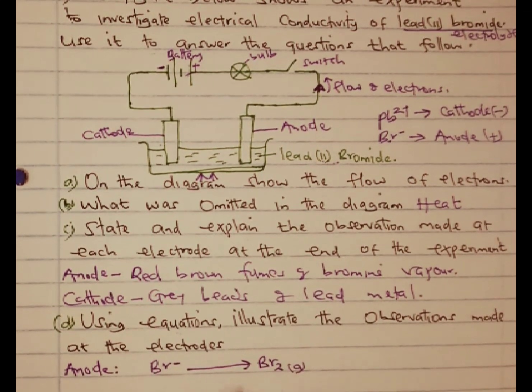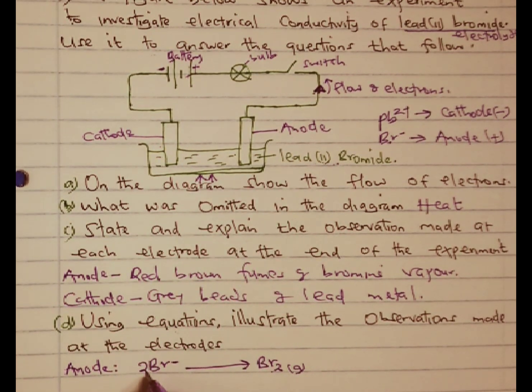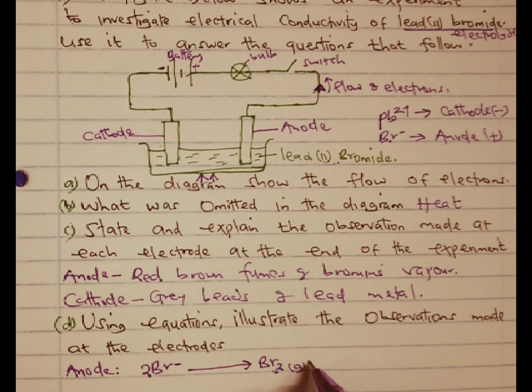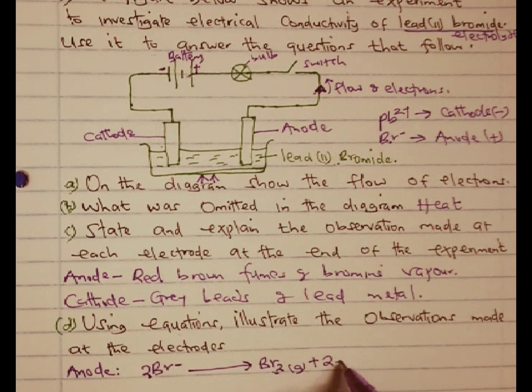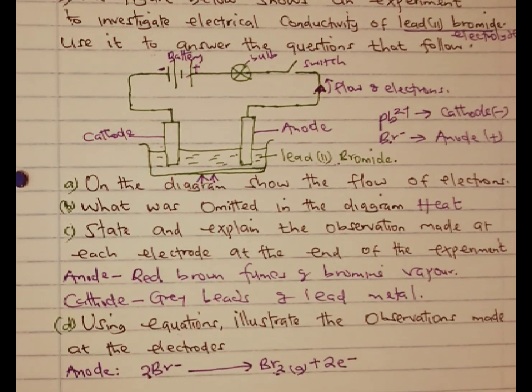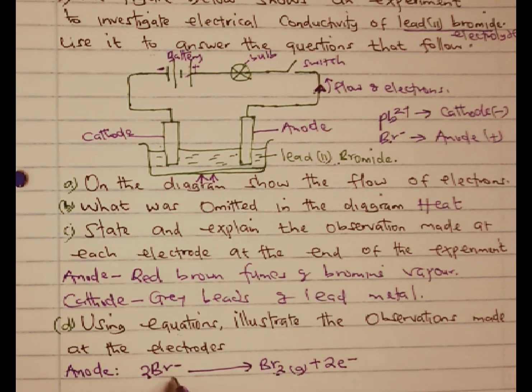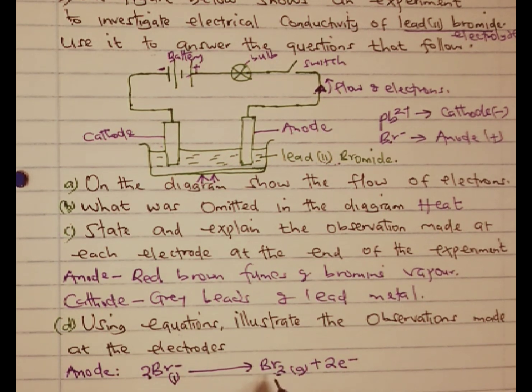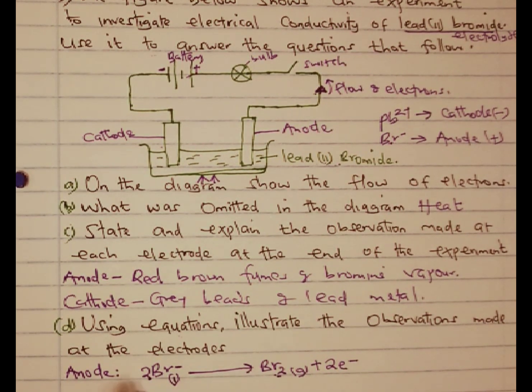Bromine gas has 2 bromine atoms, and therefore we need 2 bromide ions to form 1 mole of bromine gas, and therefore they will lose a maximum of 2 electrons. That is what is happening at the anode.